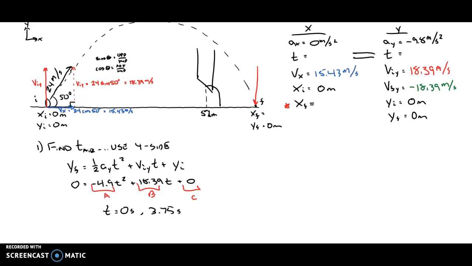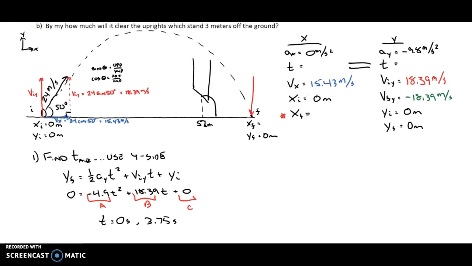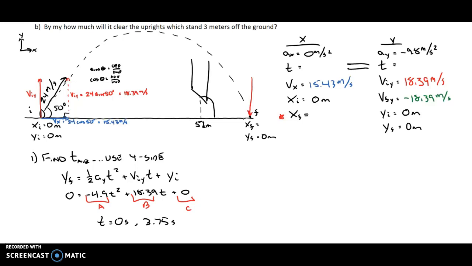I get 2 times because it's quadratic, and these are the 2 times at which the object is on the ground at a position of 0. Well, that occurred when it left the foot at time 0, and it occurred again when it hit the ground later. So I'm going to use this later time, and this now goes into my table.